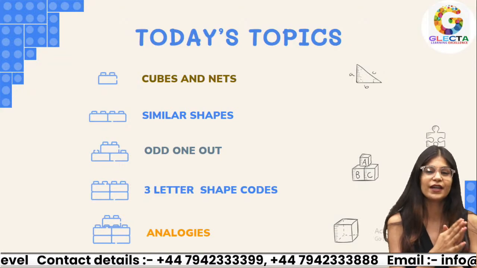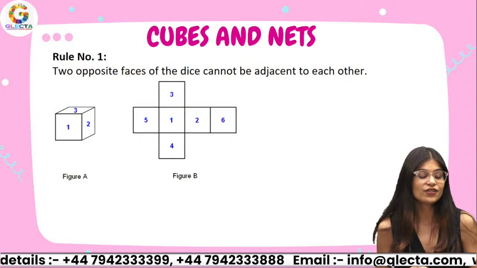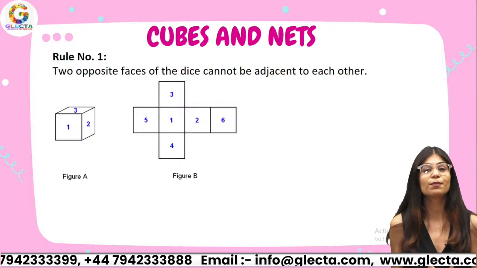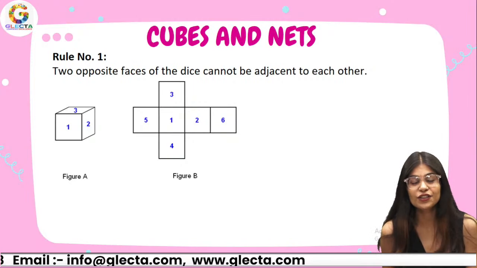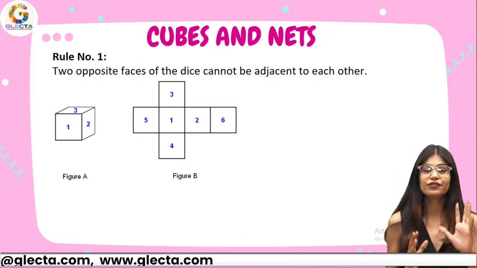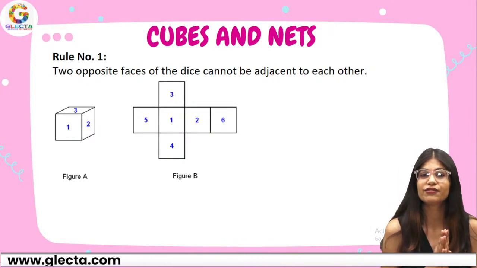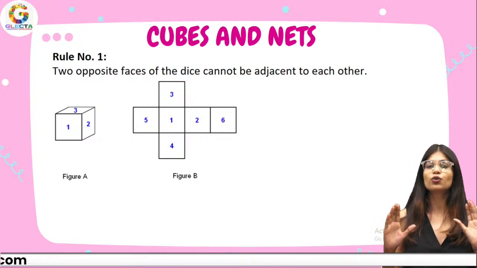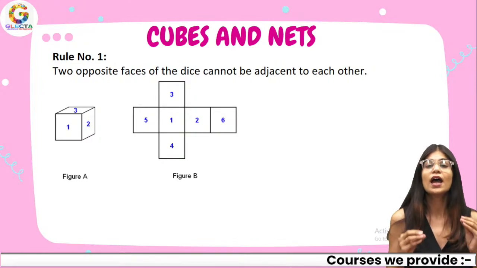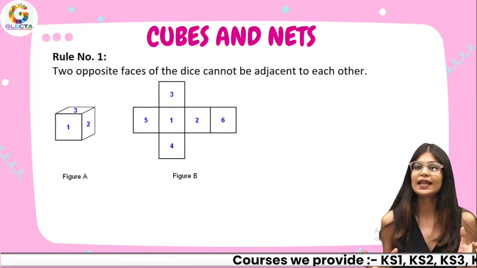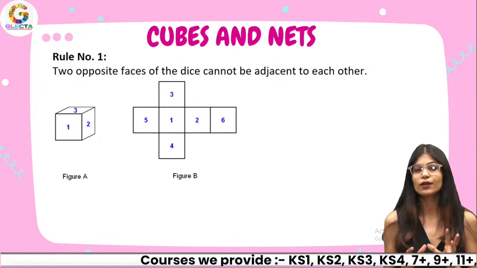Okay, let's jump into the questions. I hope you took my advice from the last session and did practice making cubes out of nets. The first thing you see on the slide is the first rule that you should always look for when you're trying to figure out if the cube or the net can be made from a certain thing or not.